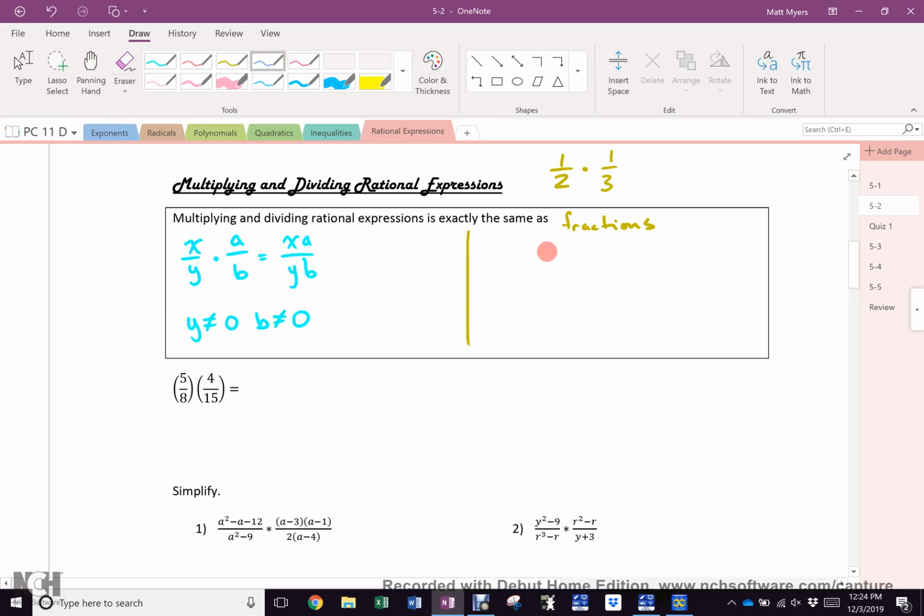Now, let's come over here. X over y divided by a over b. Now, stop. You have not seen a lot of that symbol used since about the 5th or 6th grade, right? How do we write this now as a fraction?